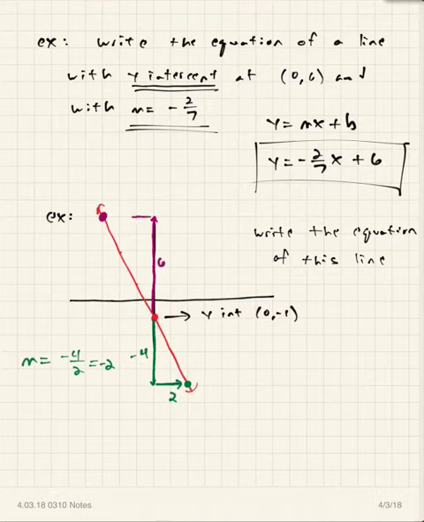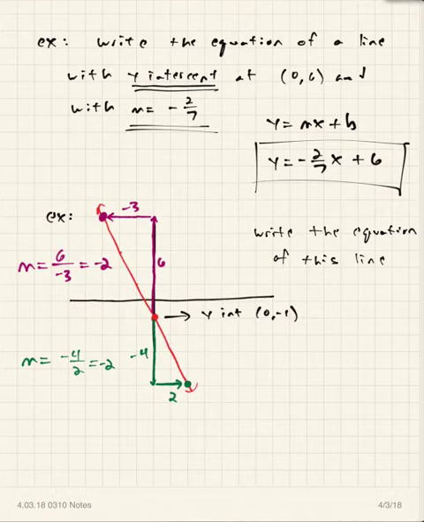And the run is back to the left 3. So the run is -3. And so notice there, the rise over the run would be 6 over -3. And notice you still get -2. It does not matter what points you pick. You're always, always, always going to get the same slope no matter what.